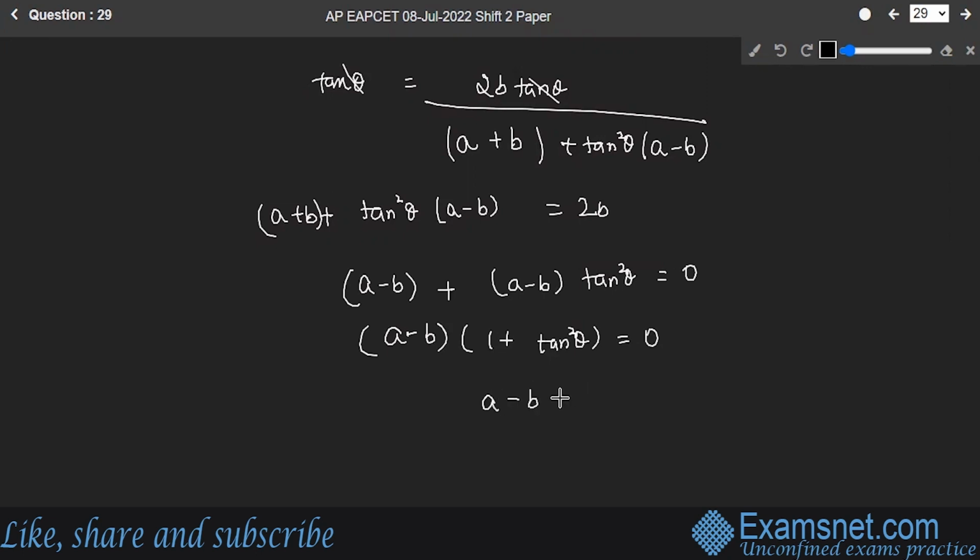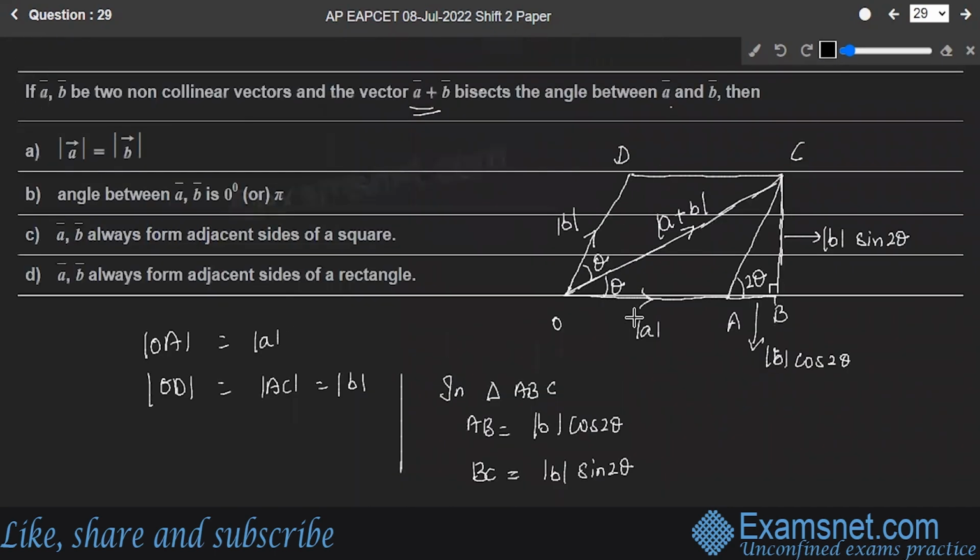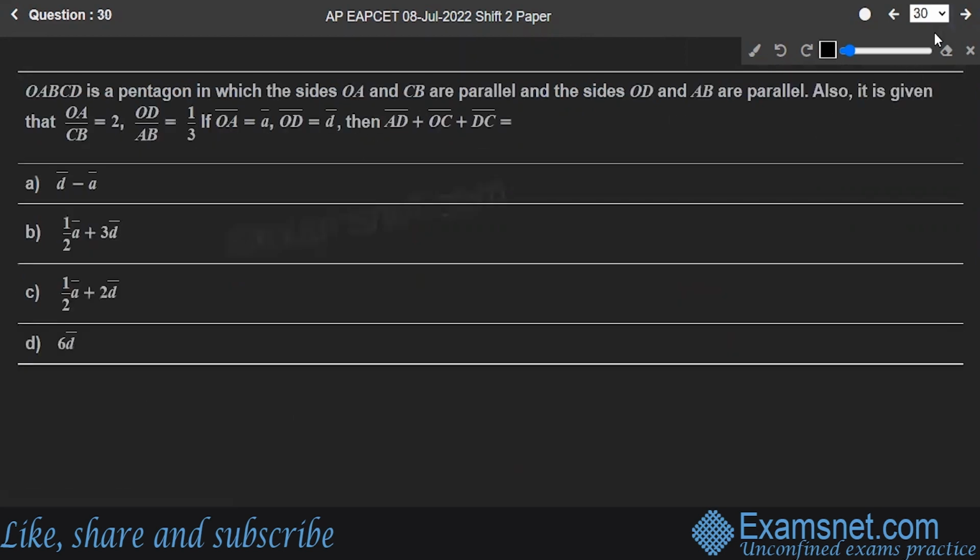This will give you A minus B is equal to 0, which means nothing but modulus A is equal to modulus B. So we have our answer. Here it is, option A. Hope you are clear.